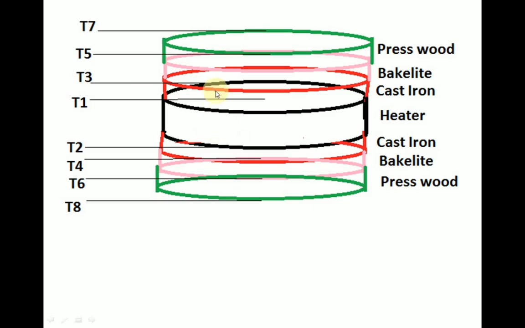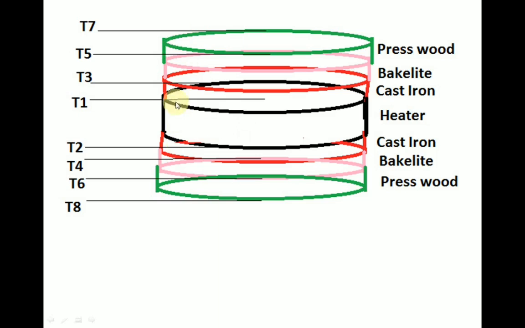Above the heater plate there is a circular plate made of cast iron. Above the cast iron there is a plate of bakelite material, represented by the pink color. Then above this bakelite plate there is a plate of press wood, represented by the green color.